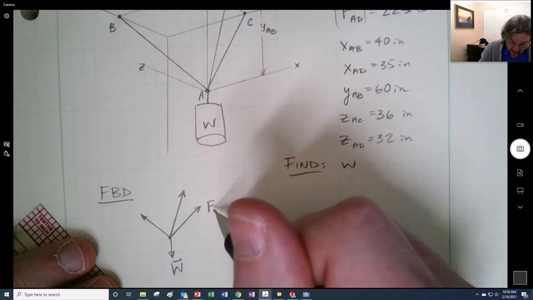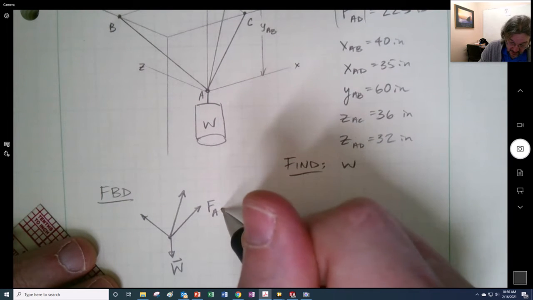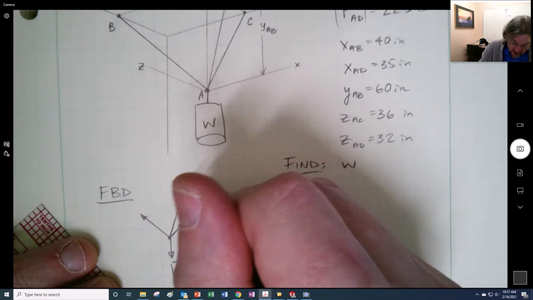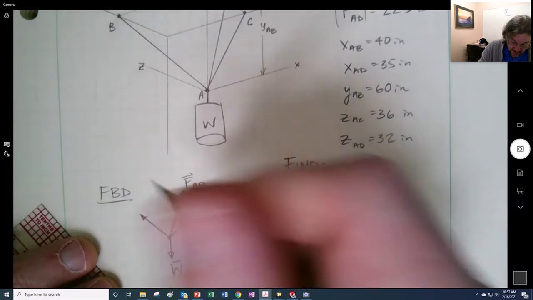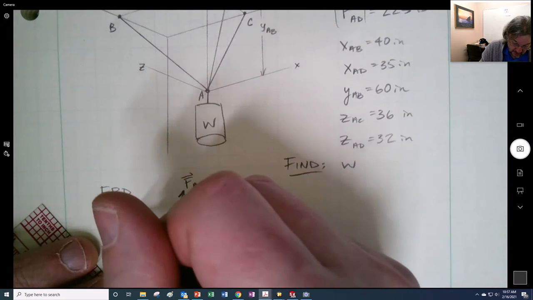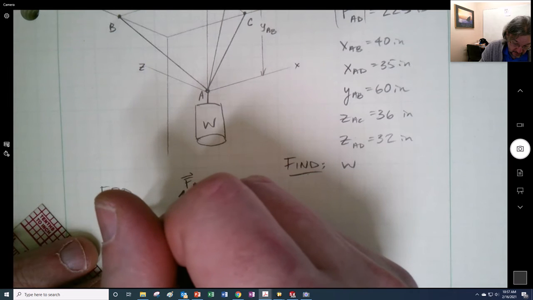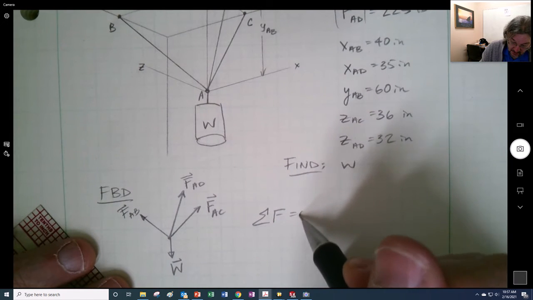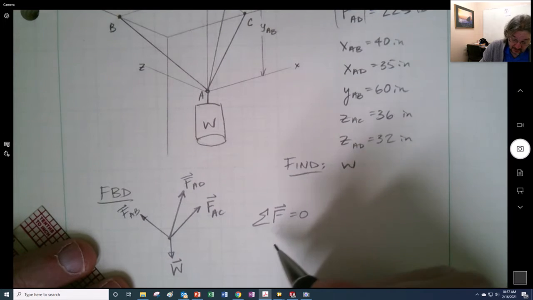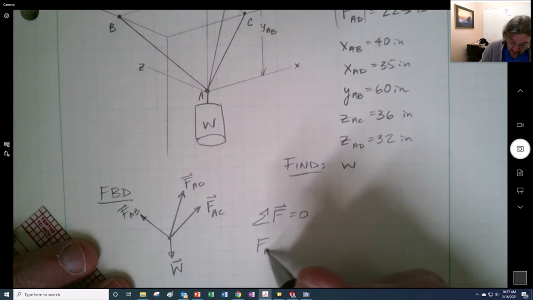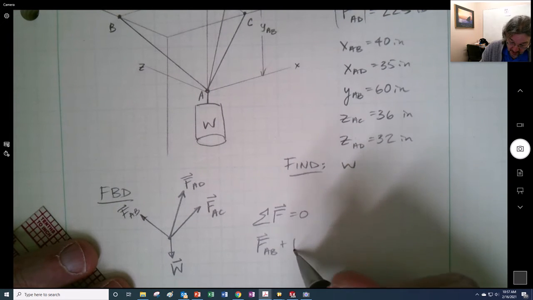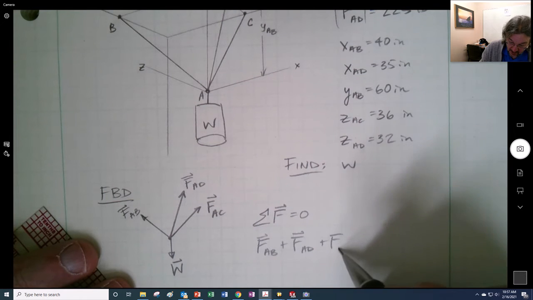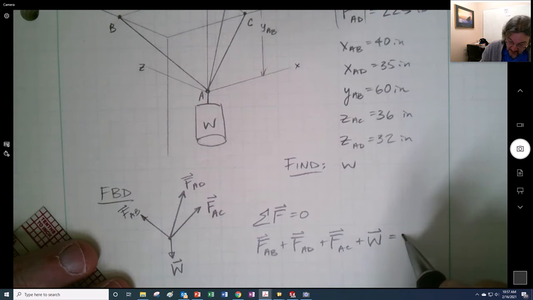So we call this force AC, and this is force AD, and then this is force AB. And we say the sum of the forces is equal to 0 as a vector. So FAB plus FAD plus FAC plus W is equal to 0.